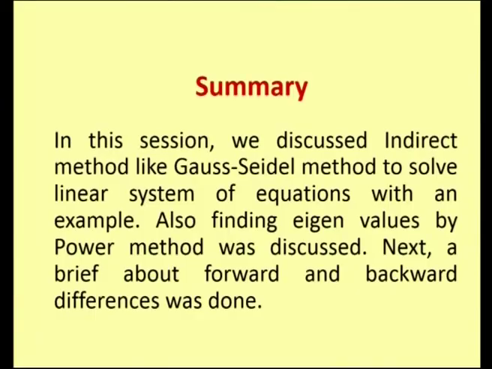Particularly we found out the dominant eigenvalue. Also, a brief introduction about how the interpolation is done, and for finding the interpolation values we are going to use Newton's forward and backward difference formula. So, a brief introduction about backward and forward differences was done.